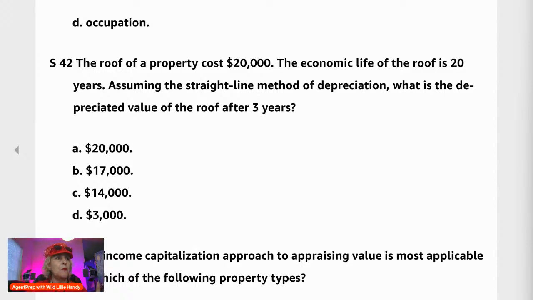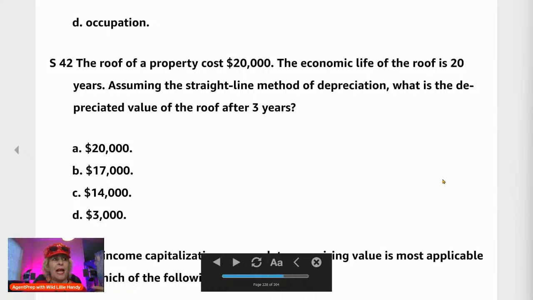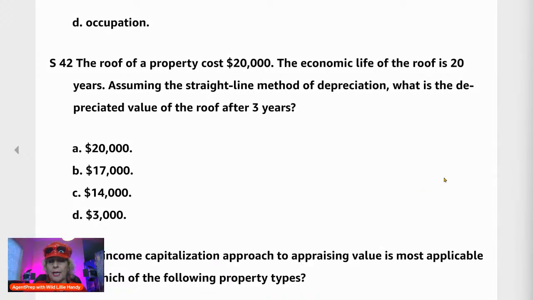What is the depreciated value? What is the current value? It depreciated 3 years. So it initially cost $20,000, depreciated 3 years at $1,000 per year, right? That is a straight line method of depreciation. So it is now worth $17,000.